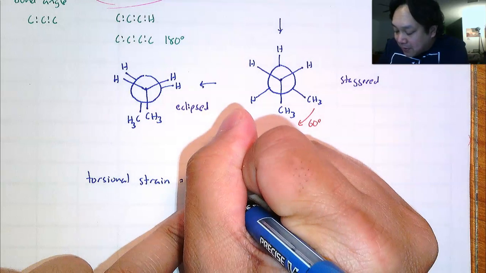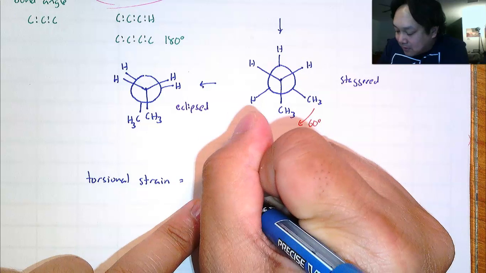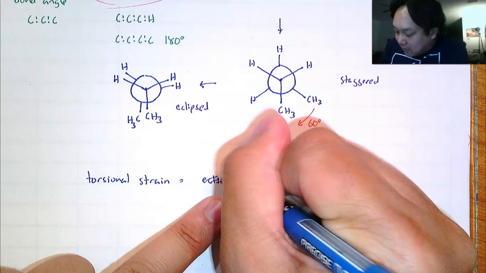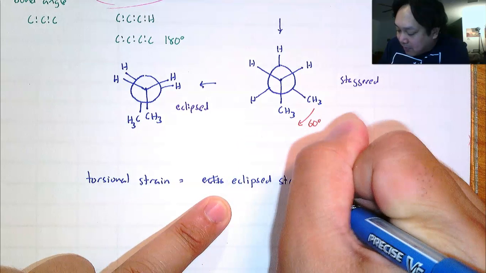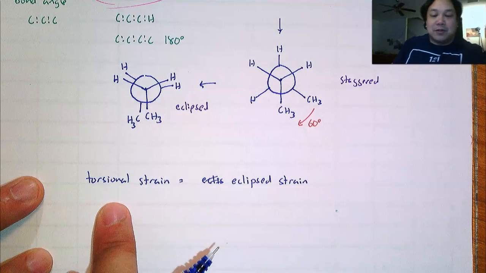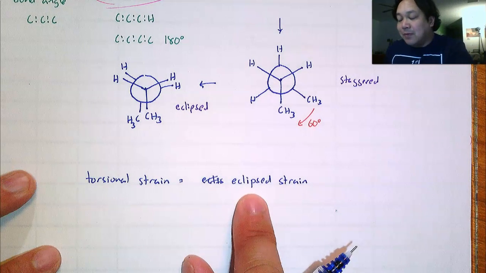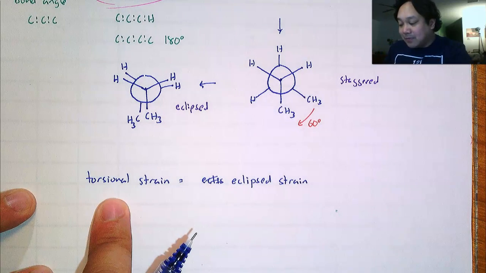And bonds are closer together when you have eclipsed conformations. So you could call this eclipse strain, but everyone calls it torsional, but people are thinking eclipse. Whenever you have a molecule that has eclipsed bonds, you have torsional strain.